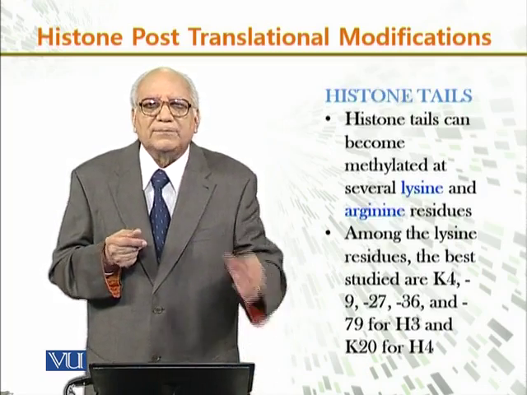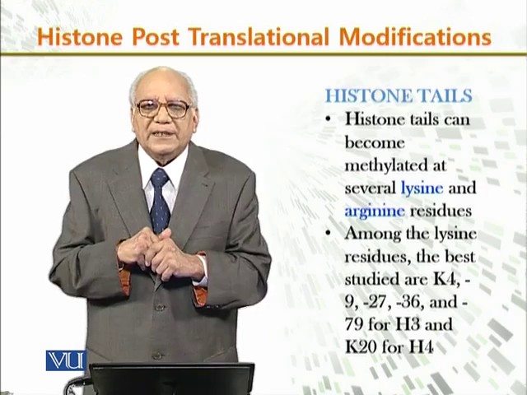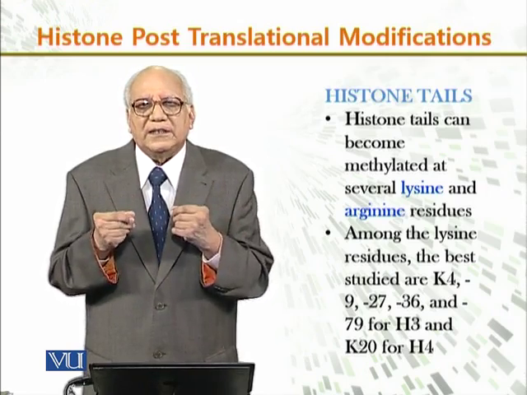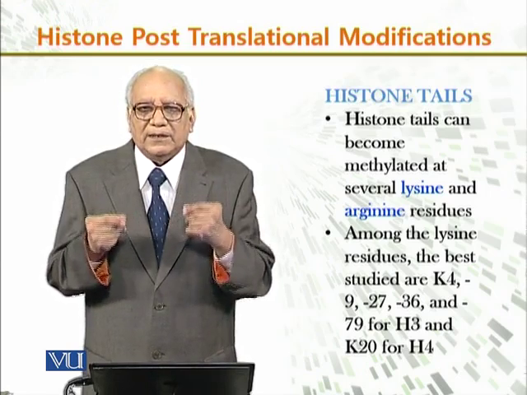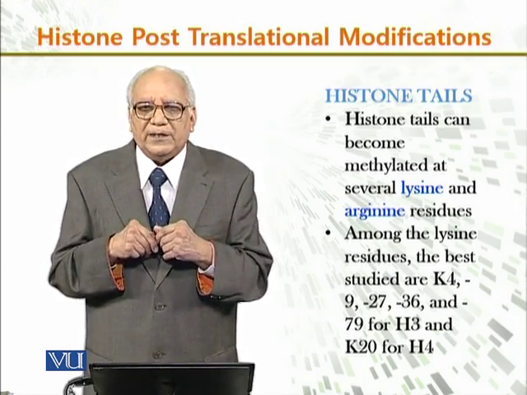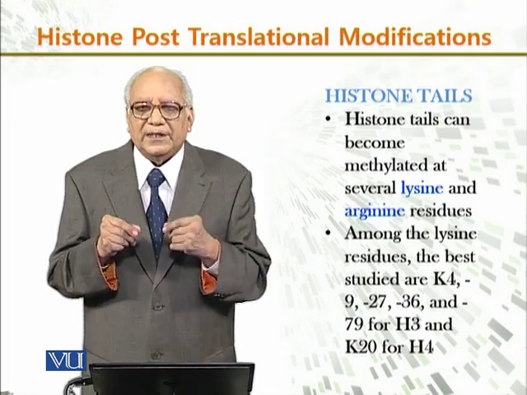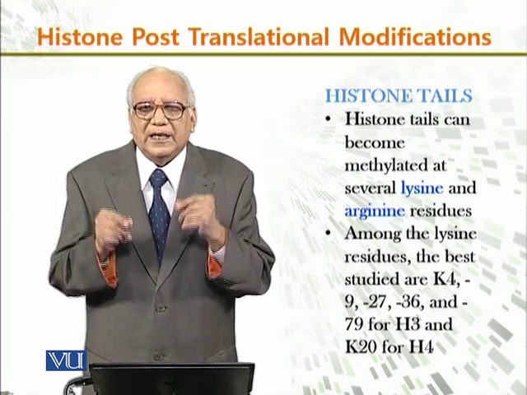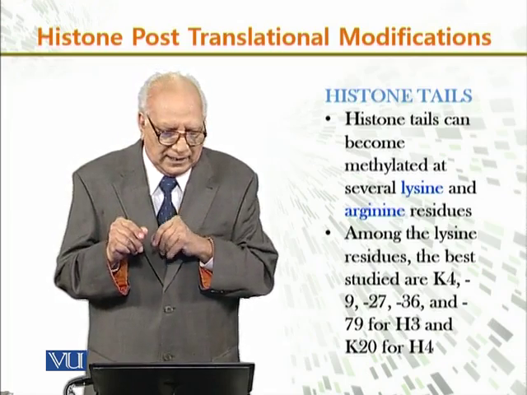Now histone tails can become methylated at several lysine and arginine residues. Among the lysine residues, the best studied are K4, 9, 27, 36 and 79 for H3 and K20 for H4.